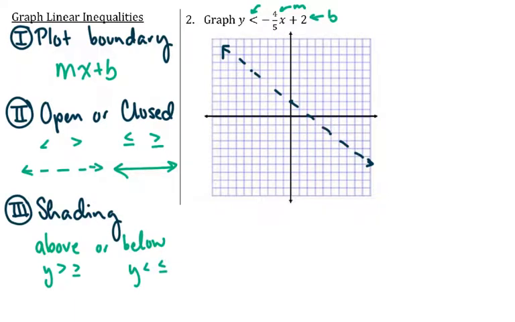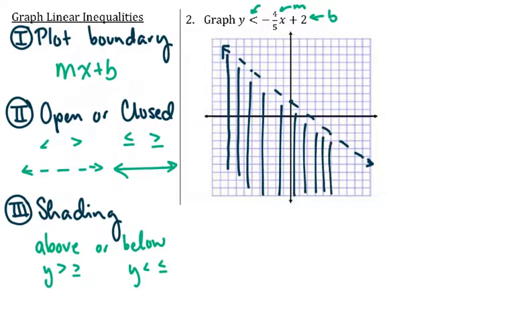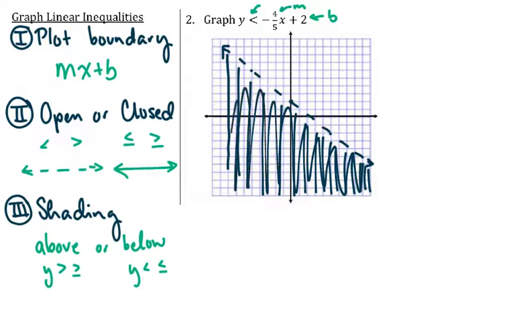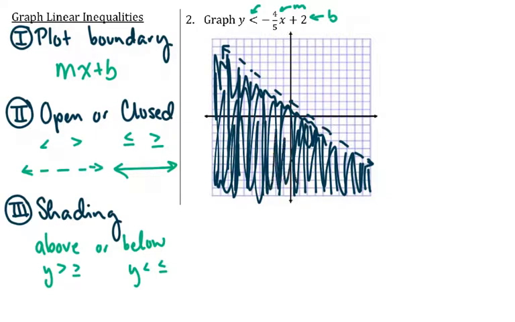So in this case, it's y is less than, so we're shading below the line, meaning if we take any part of the line, we should be shading below that. And you don't need to be super careful about drawing it all in. This is thoroughly adequate to show that you understand which side of the graph is the set of solutions versus the other. So this is perfectly neat enough. Just make sure you're not crossing that line.